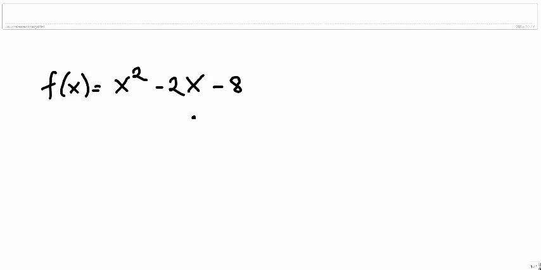So we can always use the general formula, and you remember that x is equal to, if we have a function that looks like this, on this form, some constant a times x squared plus bx plus c.